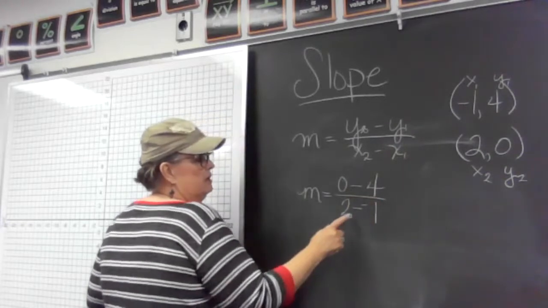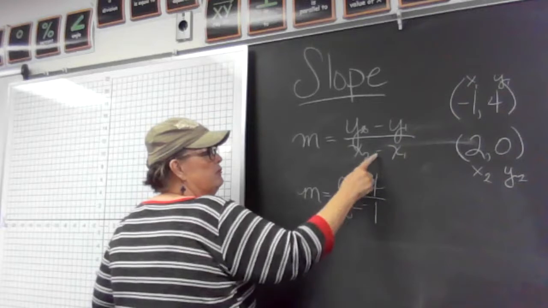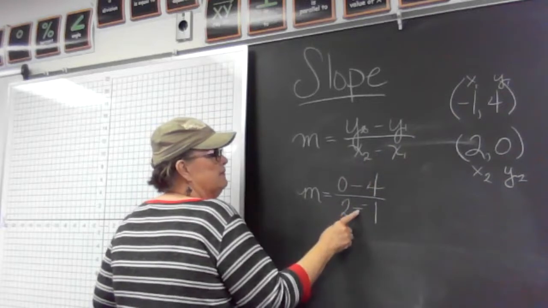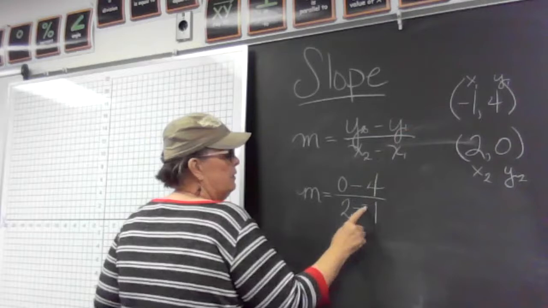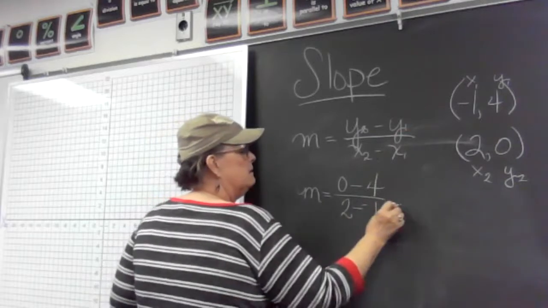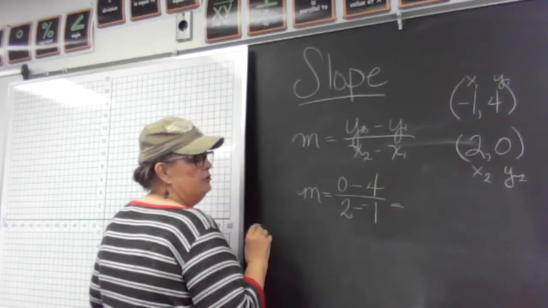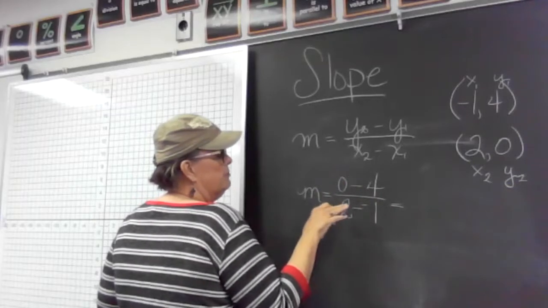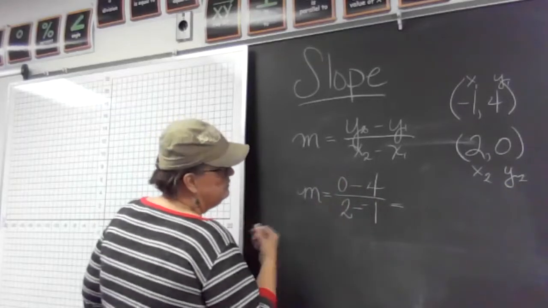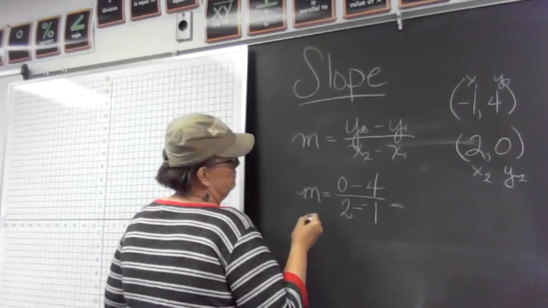Now I want you to understand that this minus is because the formula says to do it. And then the value of x1 is also a negative. That's why we have 2 of them here. So all we do is do the calculations on top, do the calculations on the bottom, and if we need to, we're going to simplify the fraction.